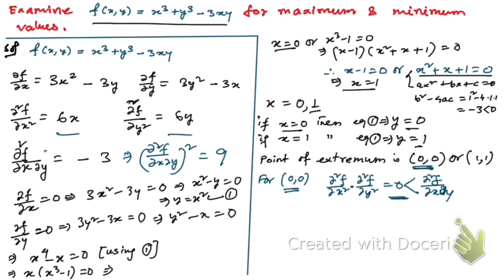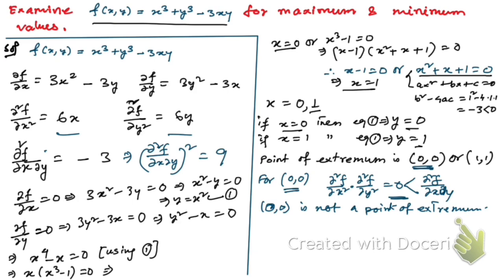So that's why (0, 0) is not a point of extremum.